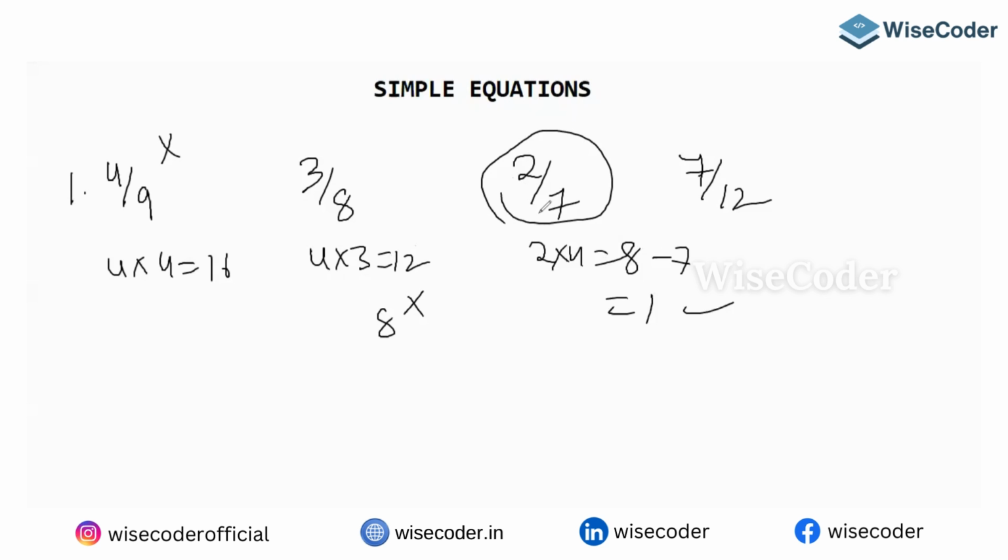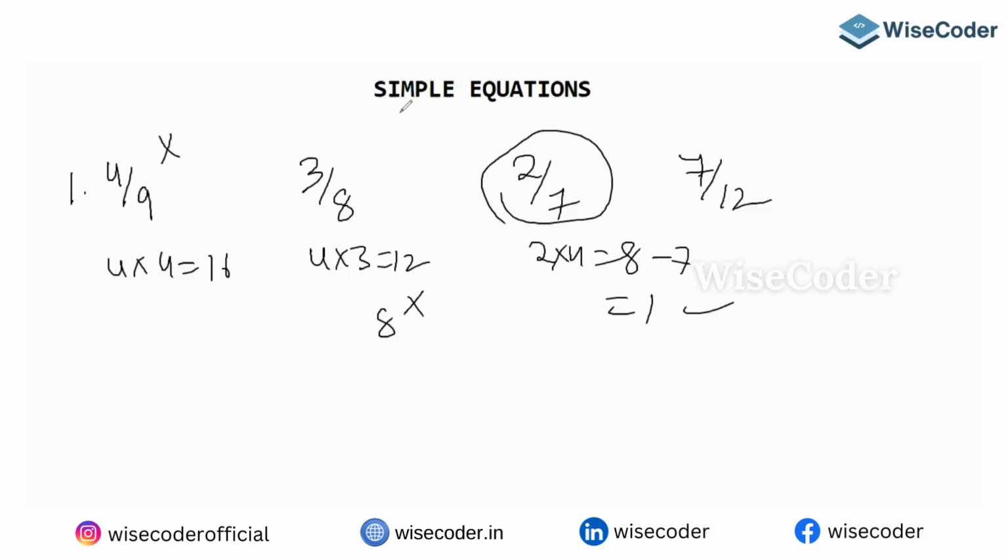Shankar has an amount of 7,000 rupees in the denominations of 500 and 100.